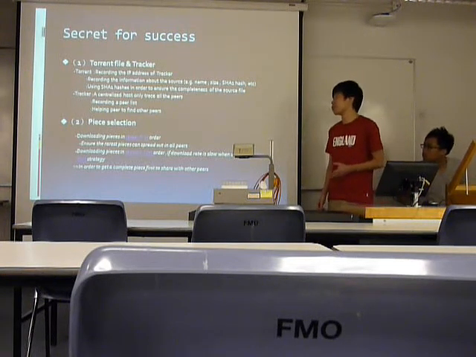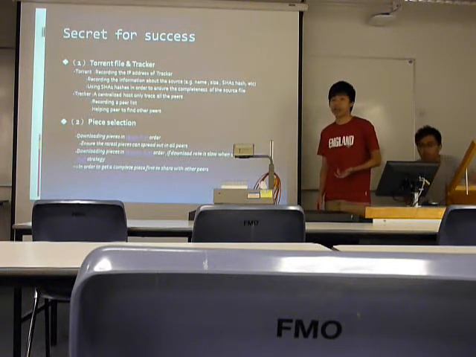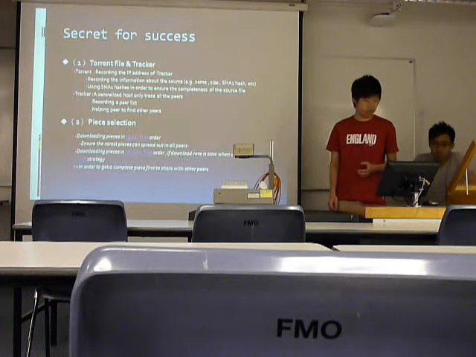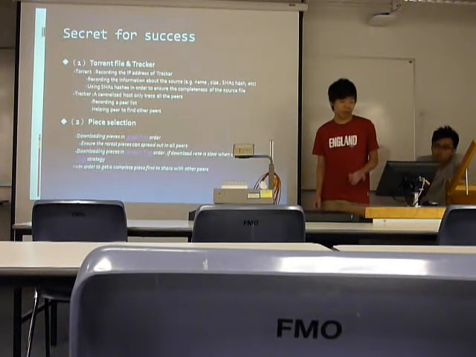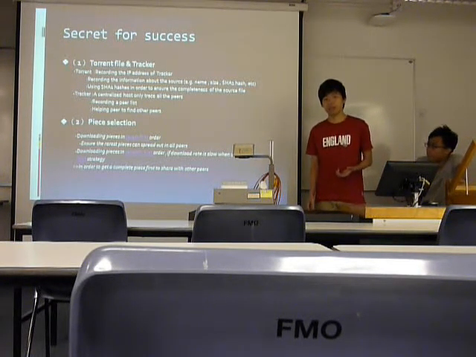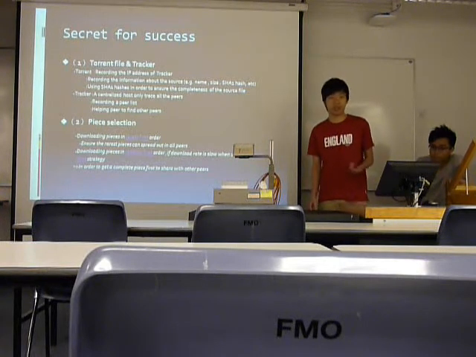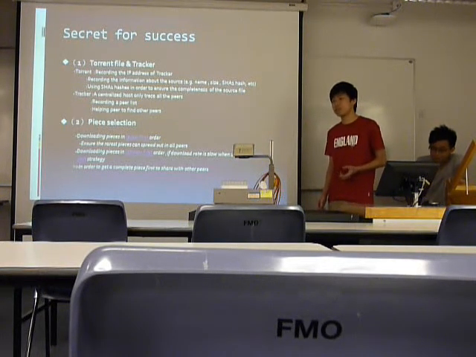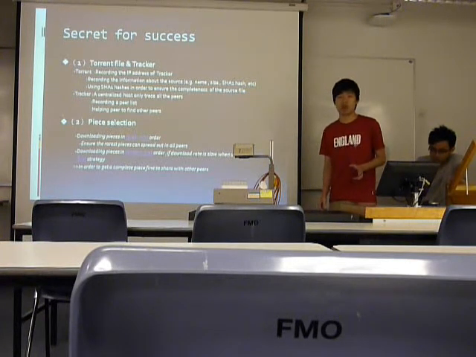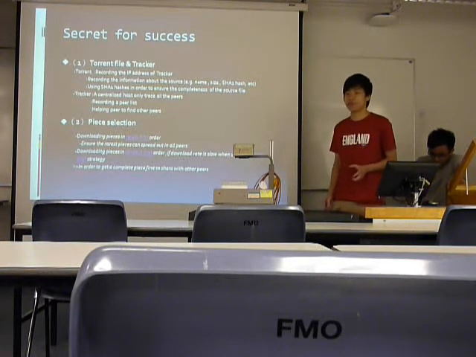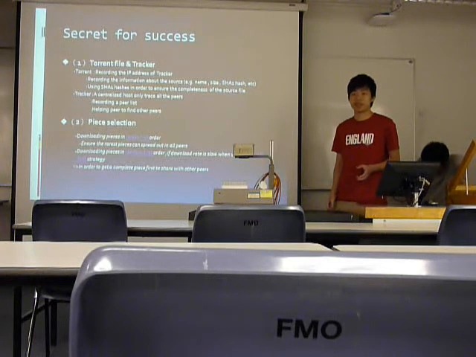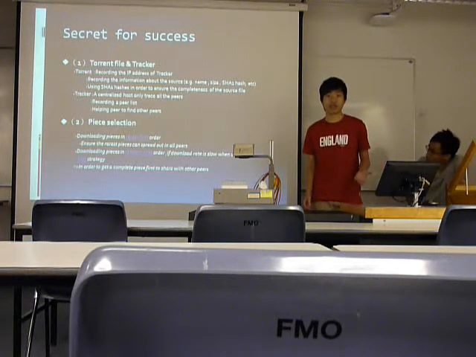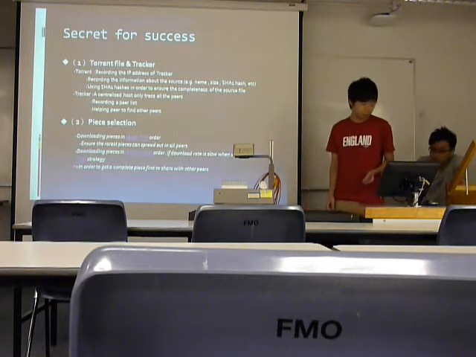And it also includes the IP address of the tracker. Then what's the main role of the tracker in BT? It's a centralized host, but it won't be involved in the actual transfer of the file. It only traces all the peers and lets the peers know each other.